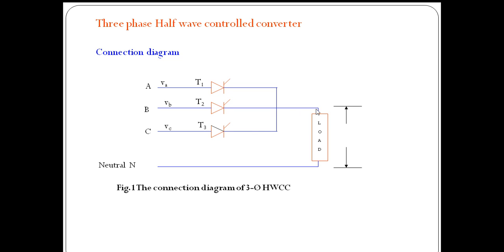At this cathode terminal a resistive load is connected, in between the cathode terminals of the thyristors and the neutral point. So this is the connection diagram of the three-phase half-wave controlled converter. Across the load we are getting an output voltage V naught.